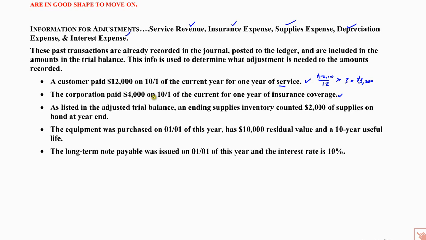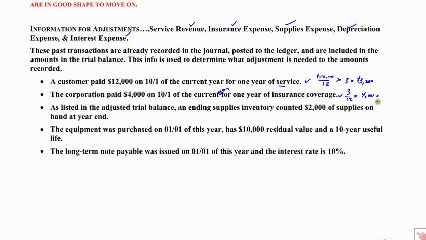The corporation paid $4,000 on 10/1 of the current year, should say year there, for 1 year of insurance coverage. So October, November, December, they have 3 out of 12 months, and they paid $4,000 for the full year.